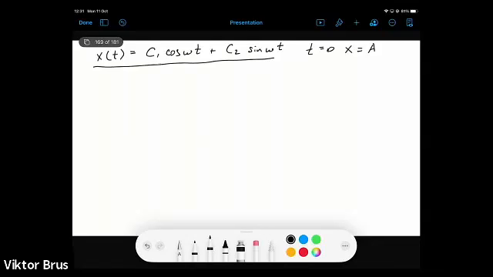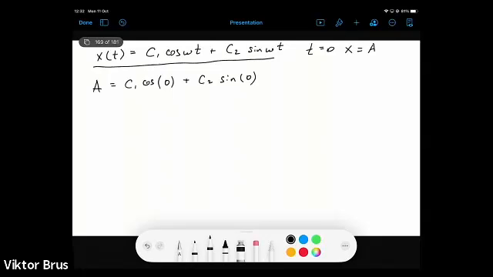So x is equal to A, so instead of x as a function of t, we just put A. That is equal to C1 times cosinus omega t, and now t is 0, so we can write cosinus of 0 plus C2 times sinus of 0.